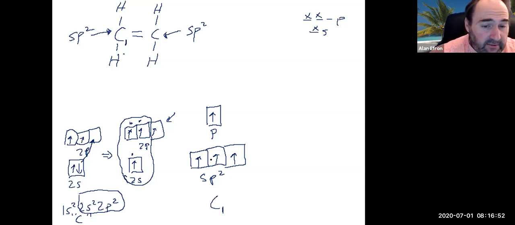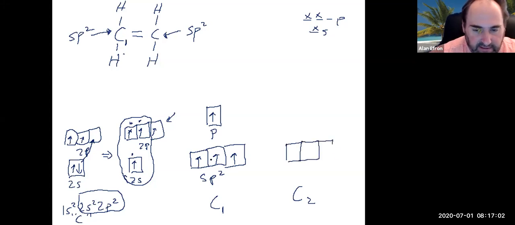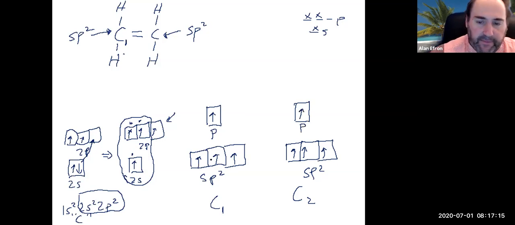Now, carbon 2 is identical to that. So for carbon 2, it's going to do an identical type of situation. It's going to have its 3 sp2 hybrid orbitals, each with an electron in it. It will also have its unhybridized p orbital here.